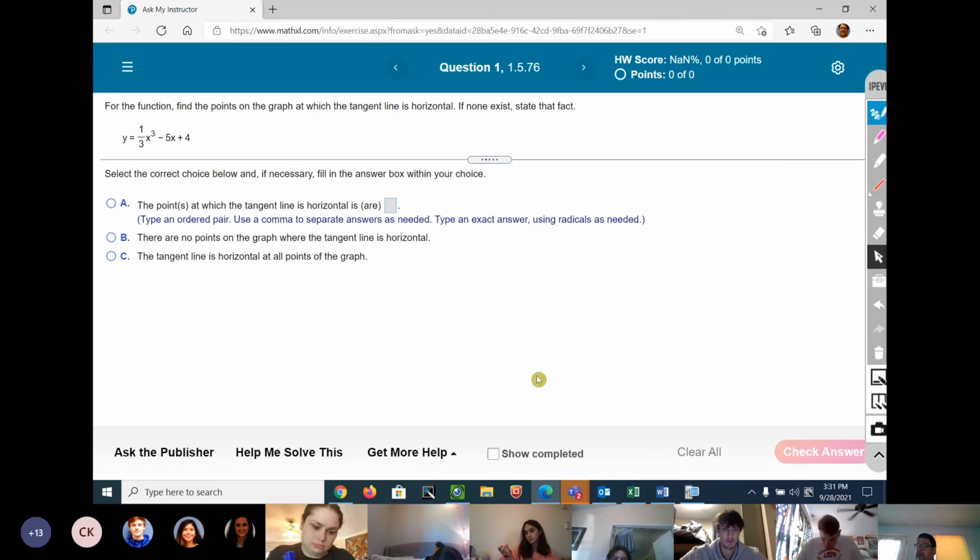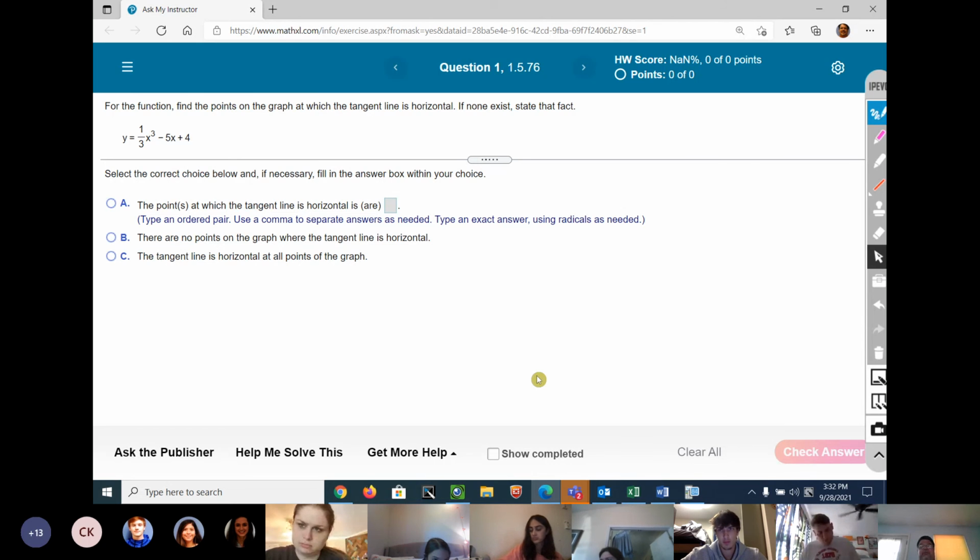Make a note. That's the second time I've told you. It says, find the points on the graph at which the tangent line is horizontal. Y is equal to 1/3 x to the 3rd minus 5x plus 4.